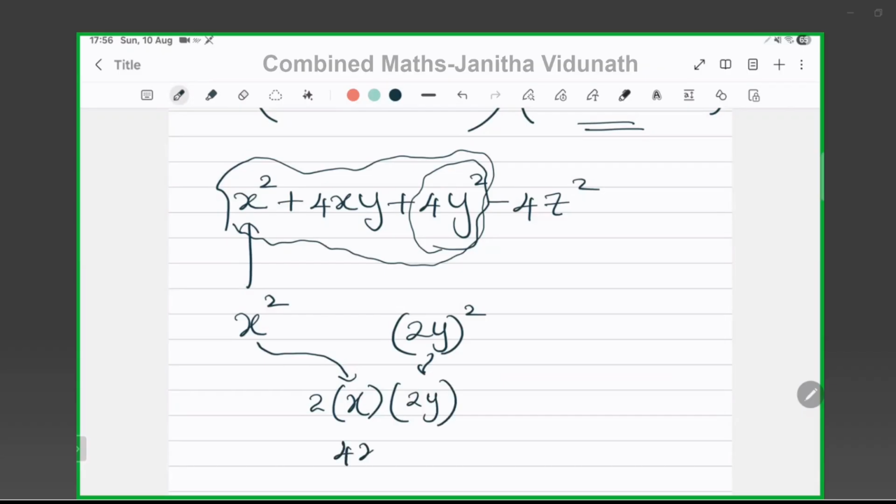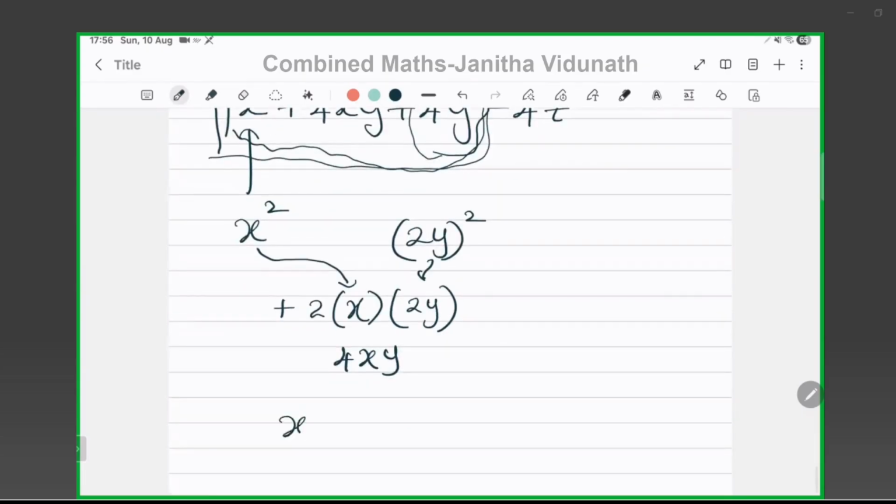It is 4 times xy, and the sign is plus. Then we can write this as x plus 2y whole square.